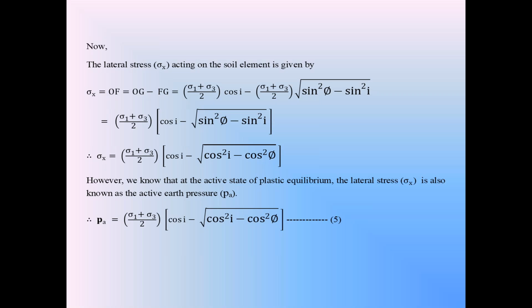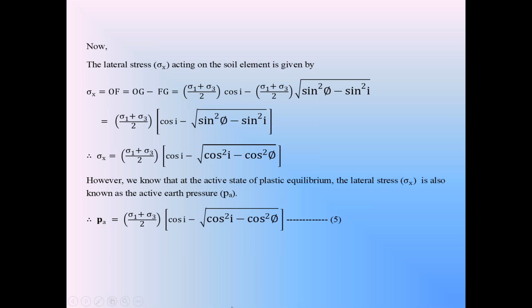In the active condition, when the retaining wall is moving away from the backfill, the stress sigma x gradually decreases, and at the failure stage, the stress sigma x becomes minimum. That is called the horizontal active earth pressure acting on the inclined surface of the backfill. So once this sigma x in the active condition becomes minimum, that can be taken as the active earth pressure acting on the inclined surface of the backfill.